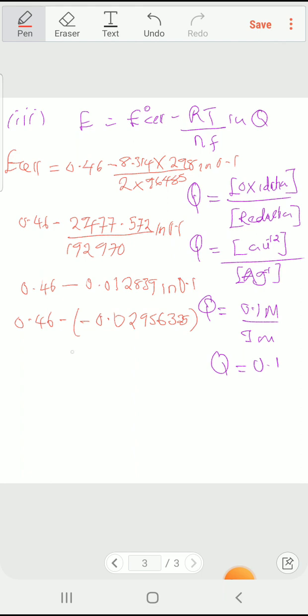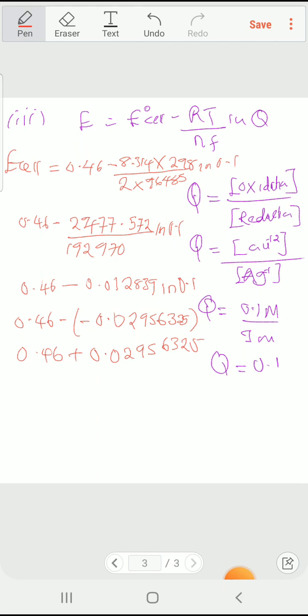So when I reach there, it's 0.46, then negative times negative will be positive, so I put 0.02956325. Then what answer am I going to have?